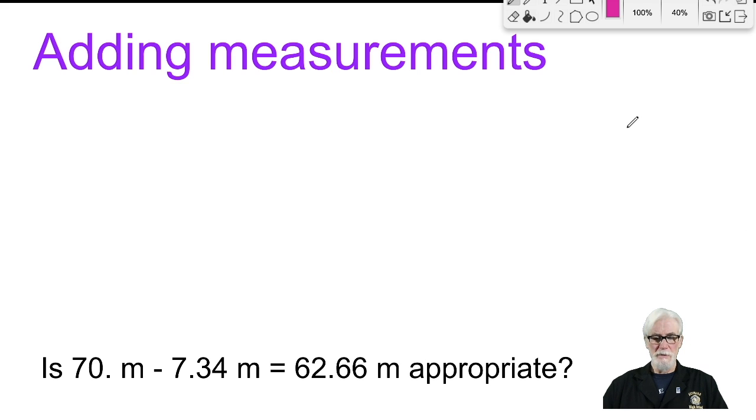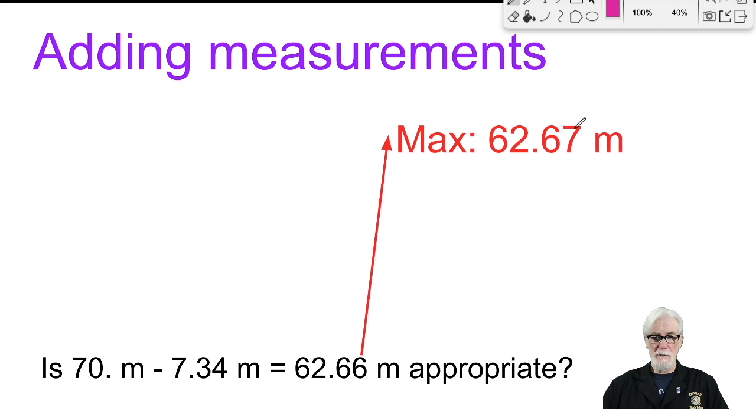So what's the new length of the field? Well, you might think we can just take 70 meters and subtract 7.34 meters, and we come up with 62.66 meters. Is it appropriate to write that measurement that way? To answer that question, let's think about what 62.66 meters means when we're thinking about significant figures.